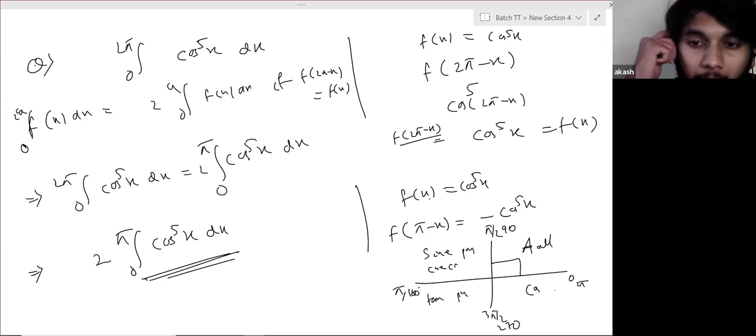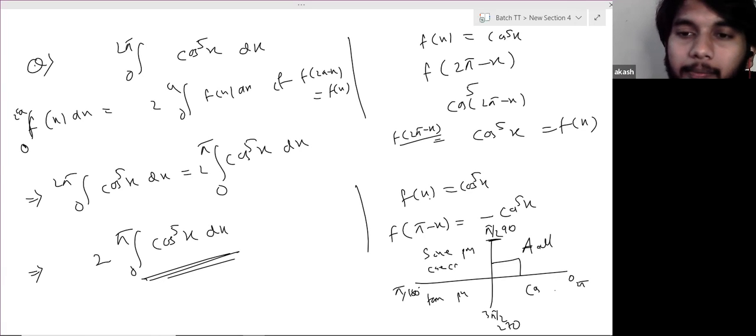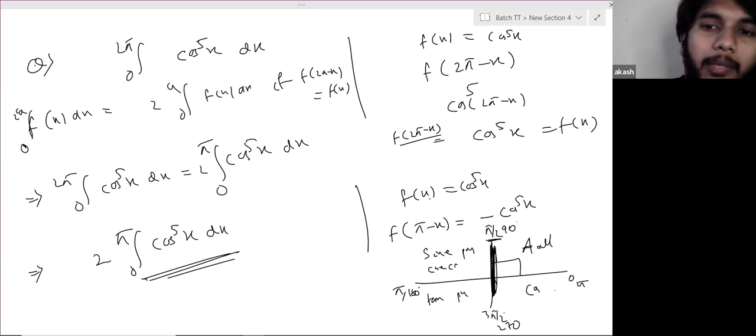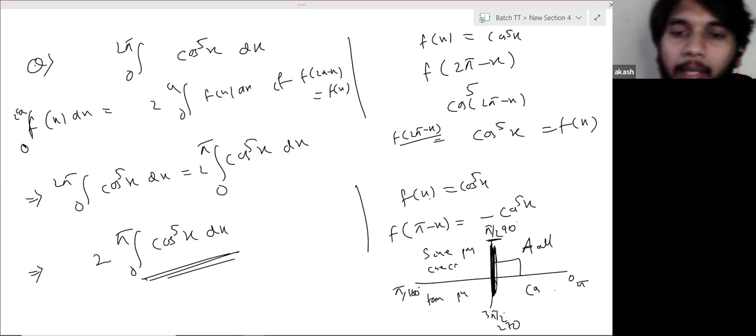If you see pi by 2 minus theta, or 90 minus theta, or 3 pi by 2 minus theta, that means in the vertical line. In the vertical line, pi by 2 plus theta or minus theta, 3 pi by 2 plus theta or minus theta, sine will become cos, tan will become cot, and sec will become cosec.